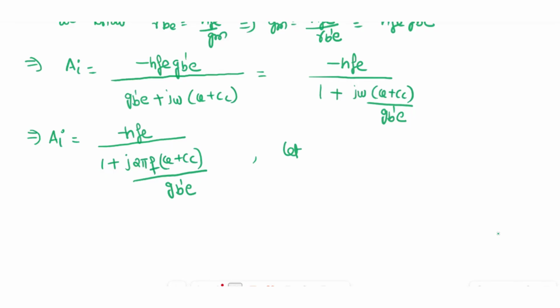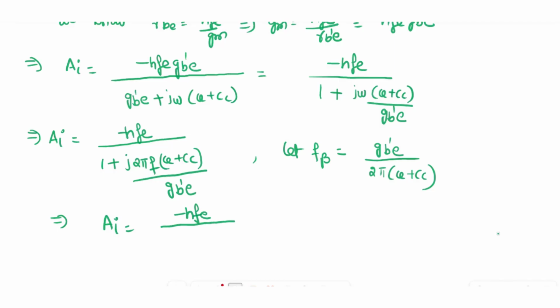Let the parameter f beta be Gb'e by 2 pi of Ce plus Cc. It implies your Ai is minus hfe by 1 plus j f by f beta.